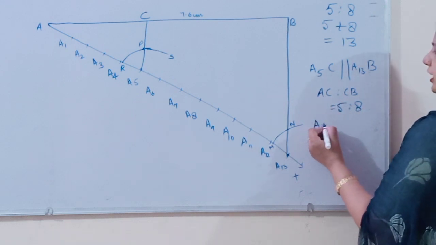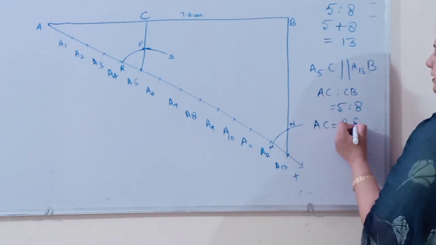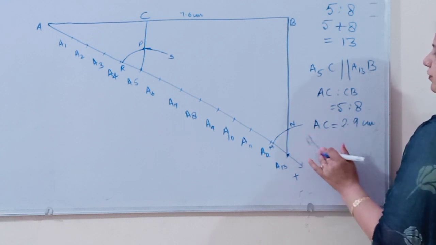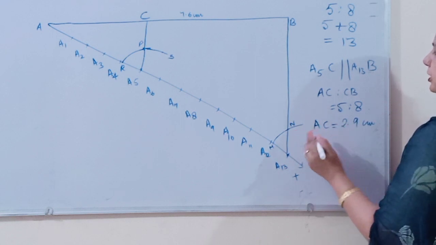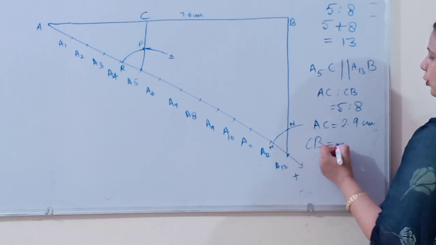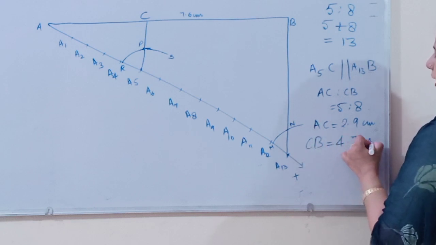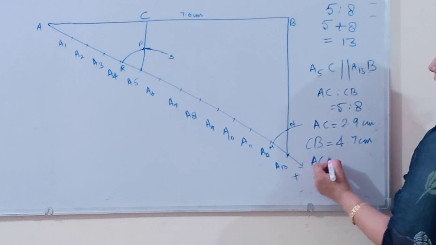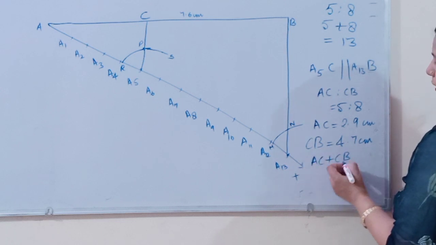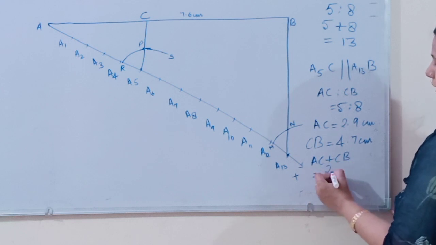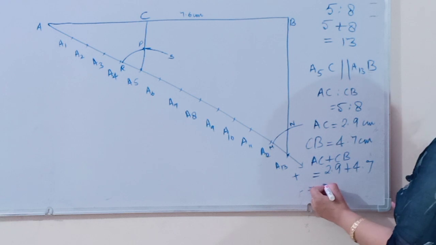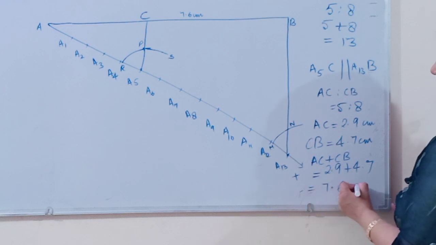If you measure AC, you will get 2.9 centimeter, and if you measure CB, you will get 4.7 centimeter, and AC plus CB will be equal to AB, 2.9 plus 4.7, that is equal to 7.6 centimeter.